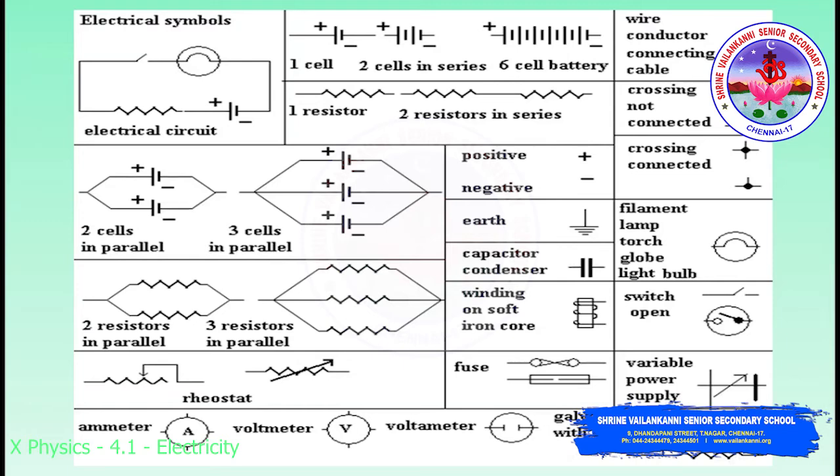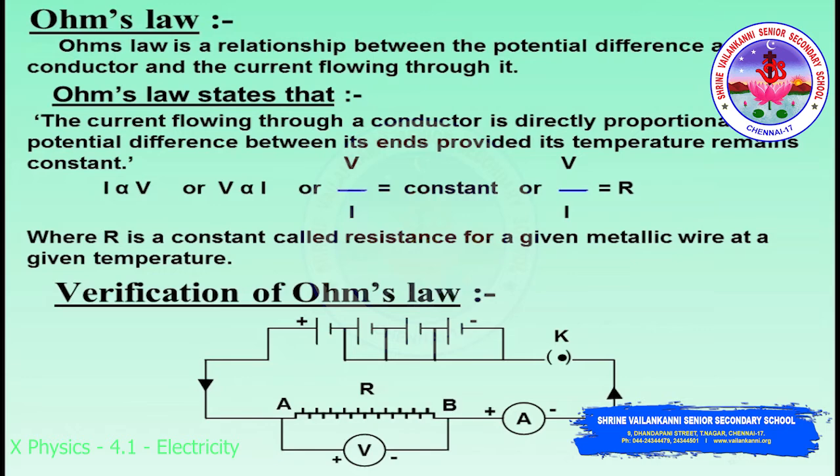Switch open, winding with soft iron core, rheostat, fuse, variable power supply, ammeter, voltmeter, voltameter and the galvanometer with shunt. Only galvanometer means the resistor should not be connected. Got it? And now we can move on to Ohm's law.